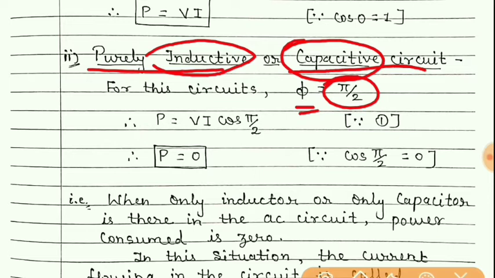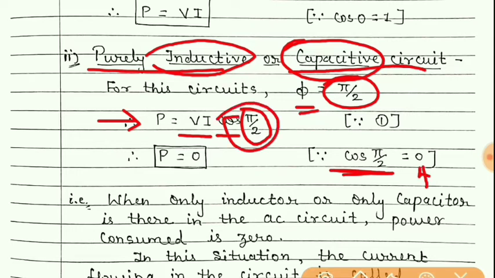So power P is equal to VI cos φ, the value of φ is π/2, but cos π/2 is 0, and so 0 into anything is 0. So power dissipated in such a circuit with only an inductor or capacitor will be 0.